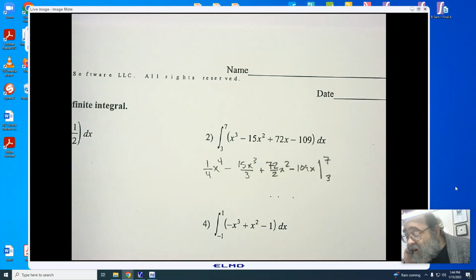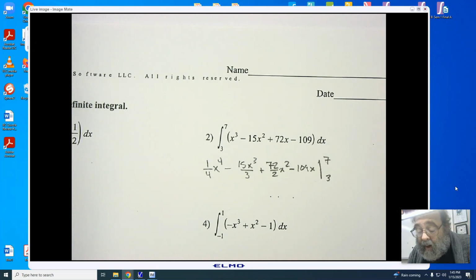And I have 36 when I simplify that, and this is times 7 to the power of 2 minus 109 times 7. Let me correct that. My calculator, I forgot to hit the arrow. There we go. 7 squared. Now minus 109 times 7.